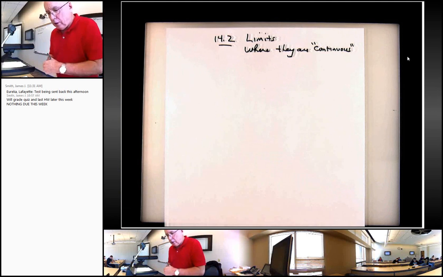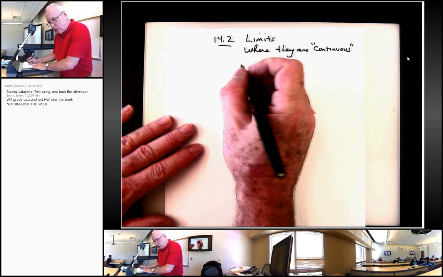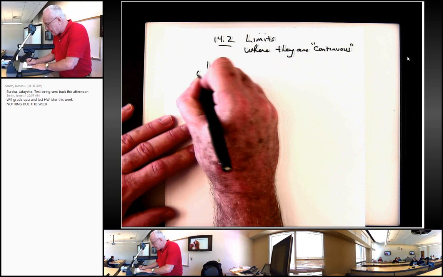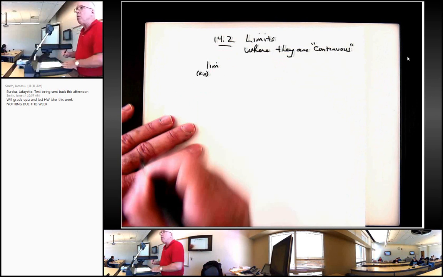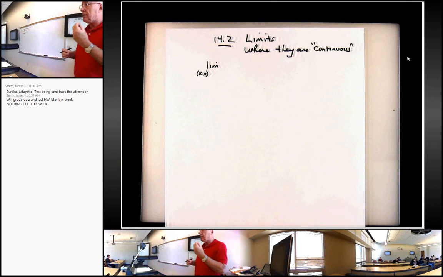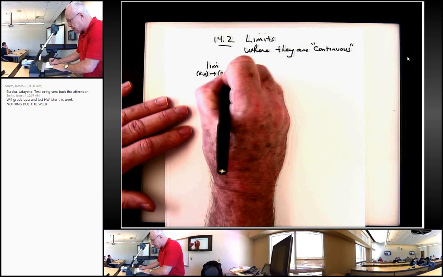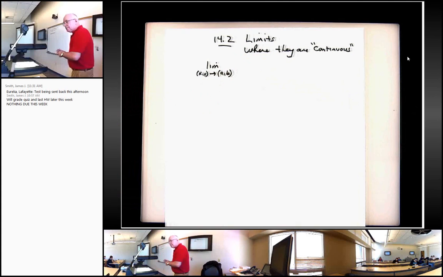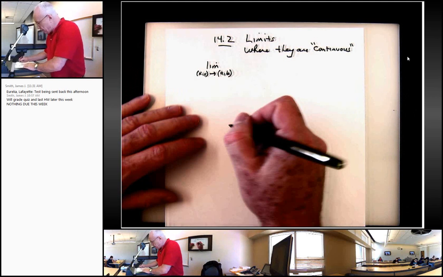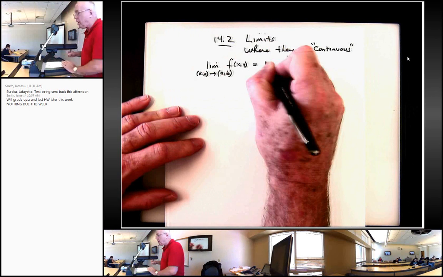So what we're going to be looking at is things like trying to find the limit as x comma y approaches a set pair of numbers, say a comma b, of our function of two variables, and what it equals, if anything.